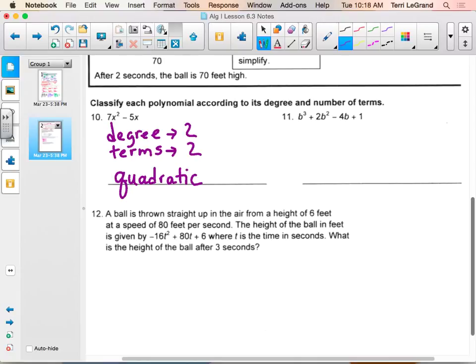Quadratic, 2nd degree, binomial, because there are 2 terms. And we need to know how to spell these correctly also. Binomial. They all end in nomial. It's just their prefix that's different. It's either mono or bi or tri, okay? Or poly.